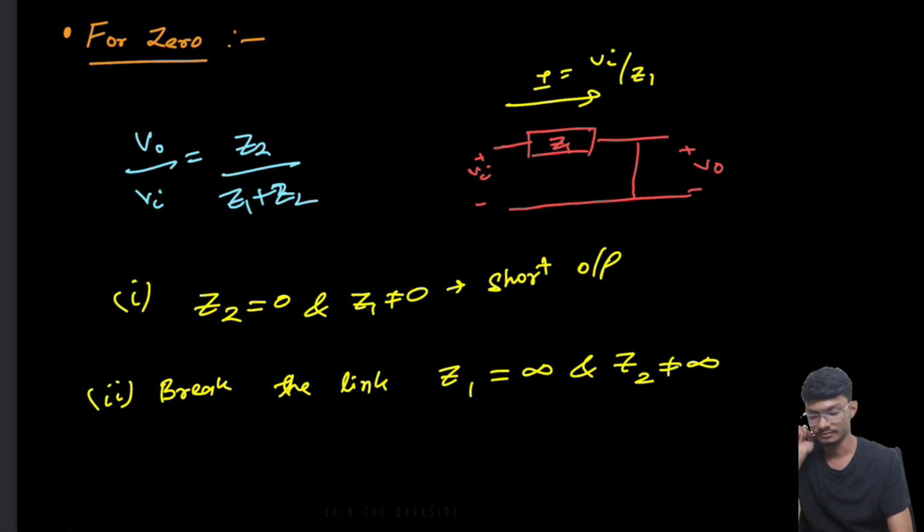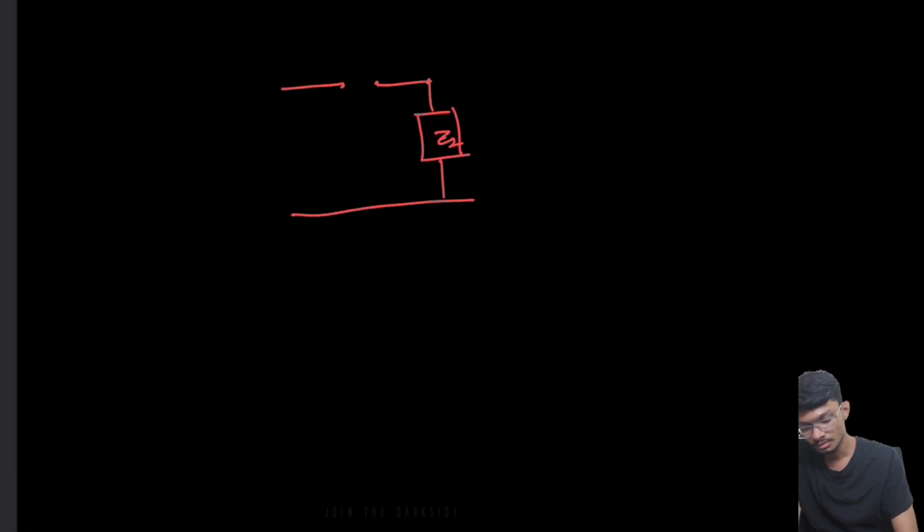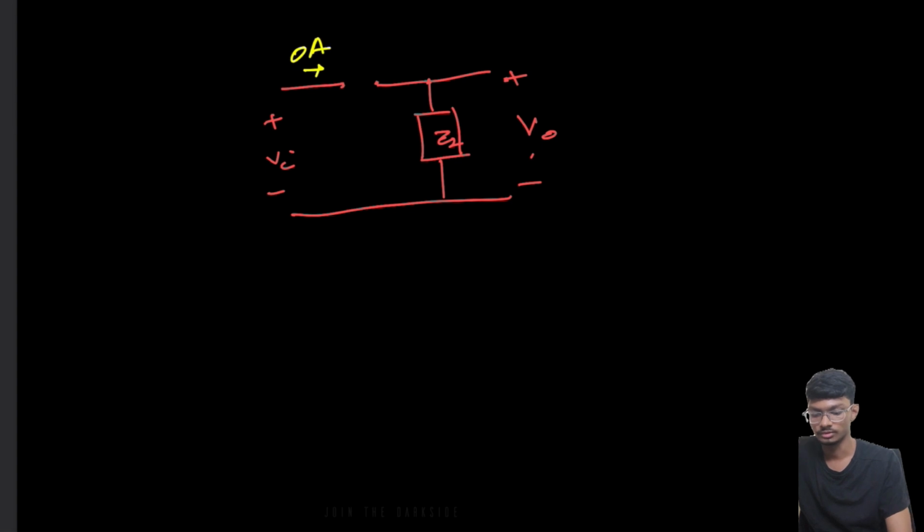Now for the second case, if I draw the circuit, basically we are breaking the link, and this is Z2, and we are taking the output from here and the input is here, right? So what is happening? There is infinite impedance, so there won't be any current flowing through this.